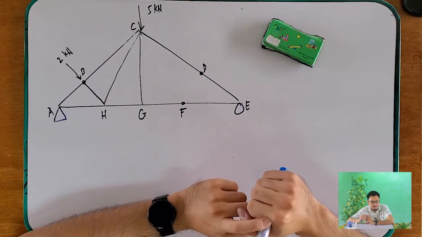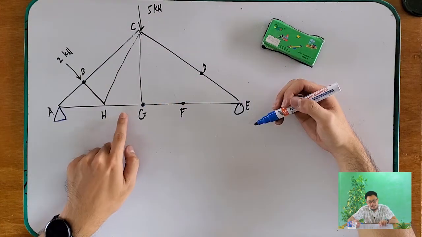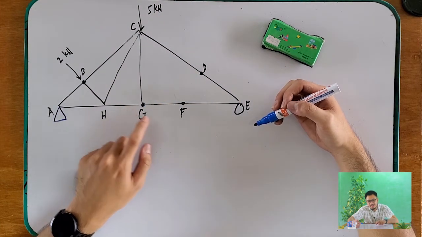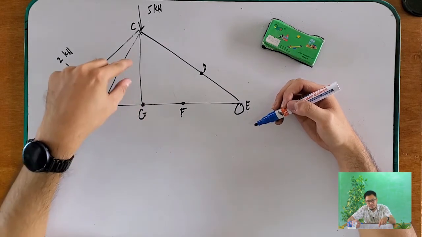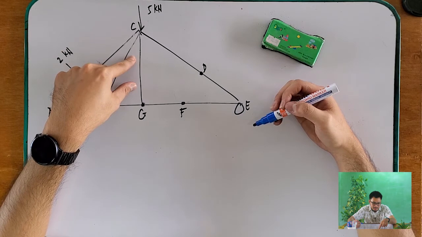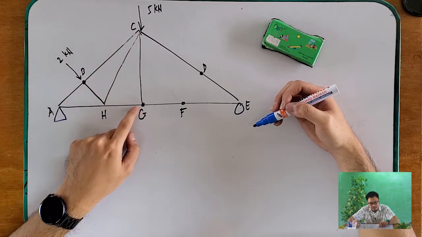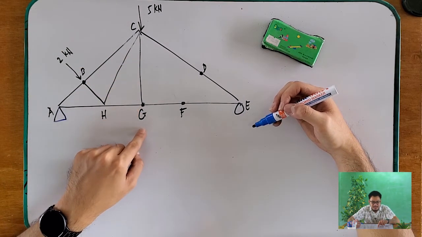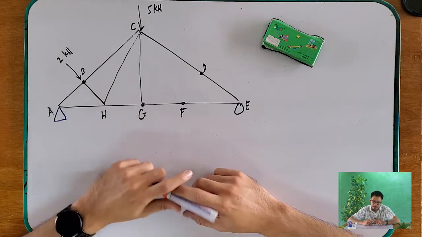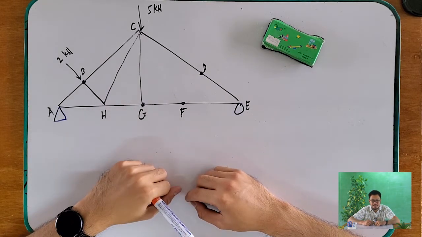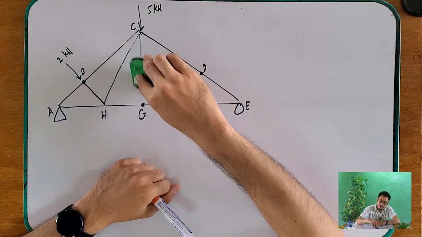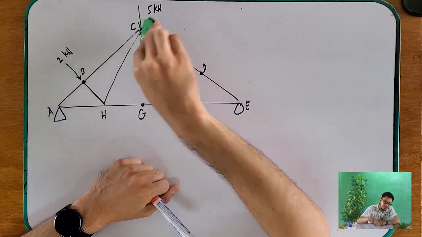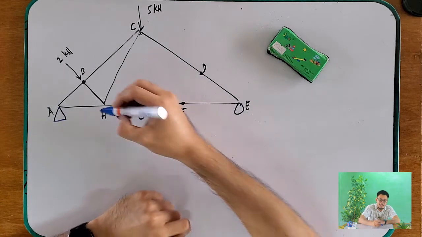And also, at joint G, your HG and your GF are collinear, and your CG is not collinear. And also, there is no external load applied on your G. So therefore, you can say that your GC is also a zero force member. How about your H?